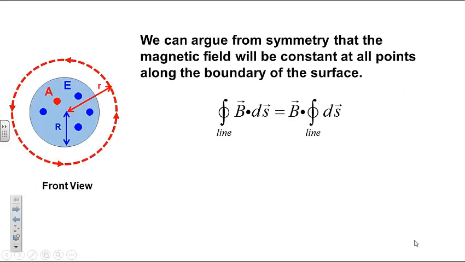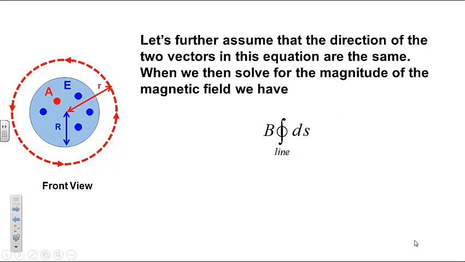As before, we will make a symmetry argument that the magnitude of the magnetic field is constant at all points along the boundary of the surface. We will further assume that the direction of the vectors B and ds in this equation are the same. We can then replace the dot product with simple multiplication and remove the vector signs. The integral of ds around the boundary is simply the circumference of the boundary.